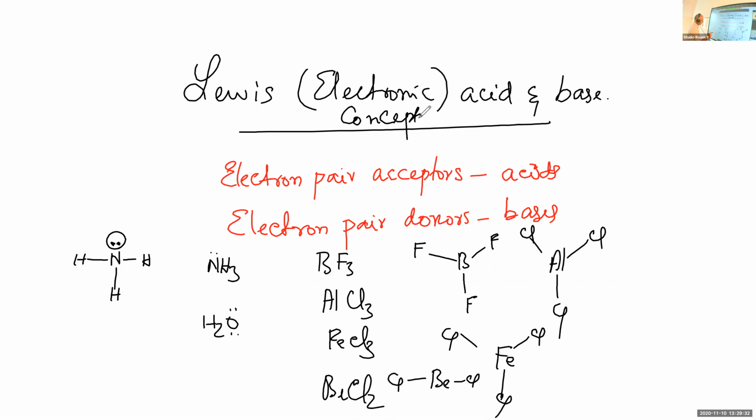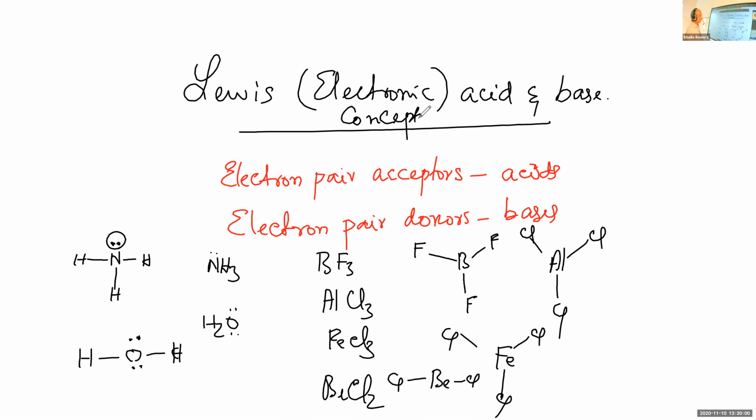You take water molecule H2O, say HOH. On the oxygen atom, there are two lone pairs of electrons. So oxygen can donate electron pairs. So H2O is an electron pair donor. By definition, H2O is a Lewis base.